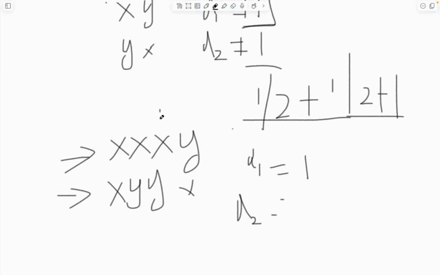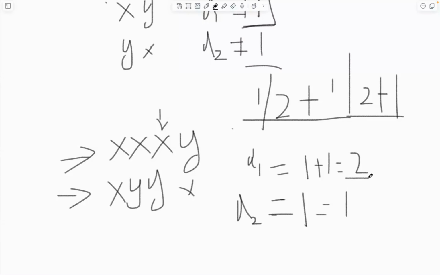Now here also xy, so we increment d1 by 1. Then yx, so d2 is incremented by 1. So finally d1 is 2 and d2 is 1.